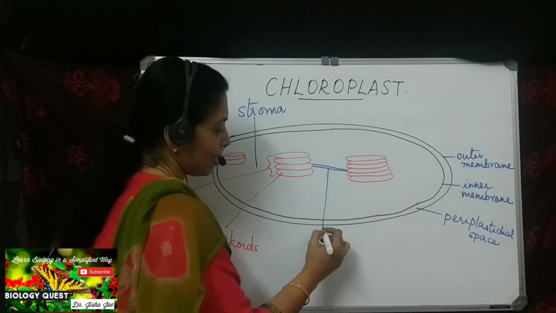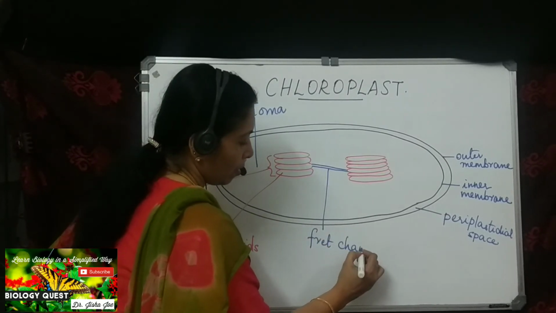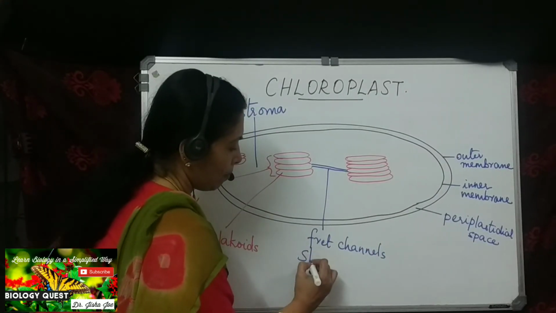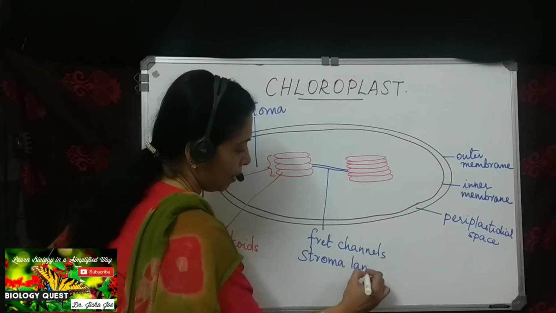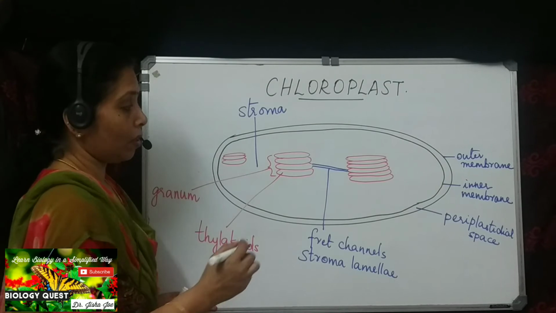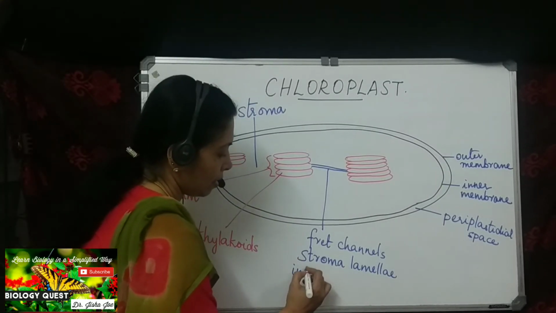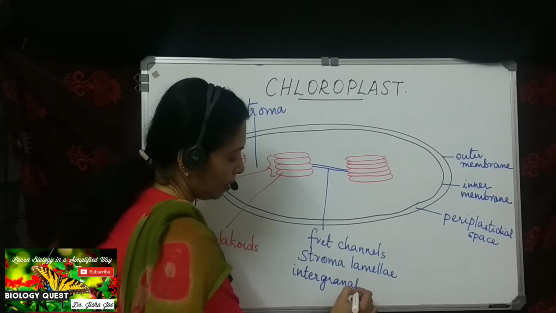These are called the Fret channels, or they are also called the stroma lamellae, or intergranal thylakoids.